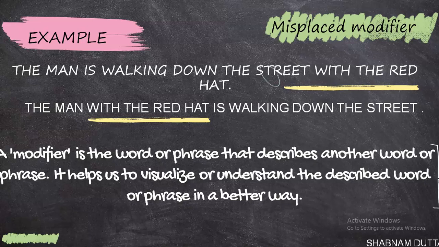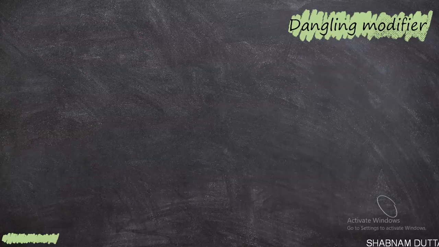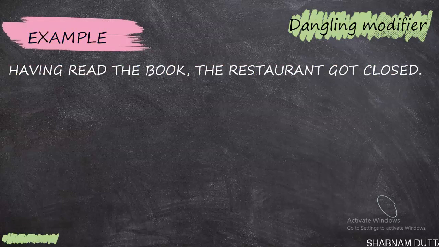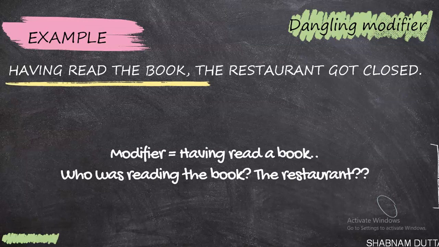And now, what do dangling modifiers do? They aren't clearly attached to any word in the sentence. For example, having read a book, the restaurant got closed. Here the modifier, having read a book, is not clearly attached to any word in the sentence.